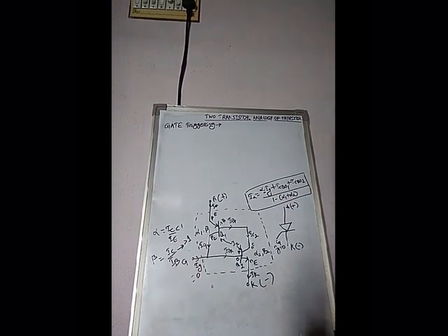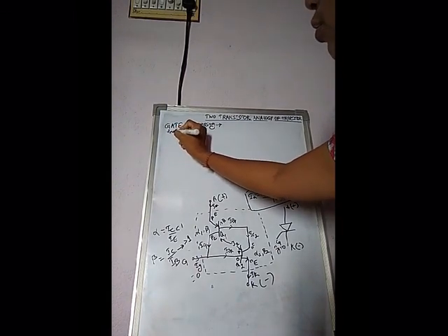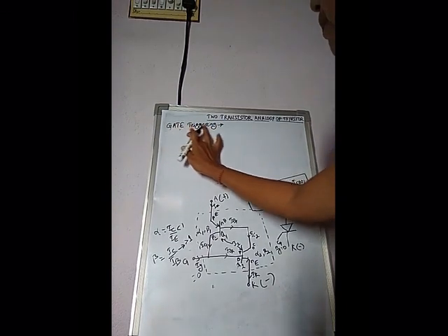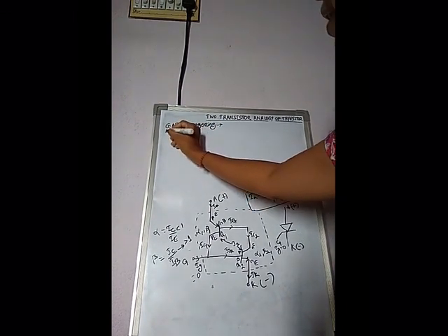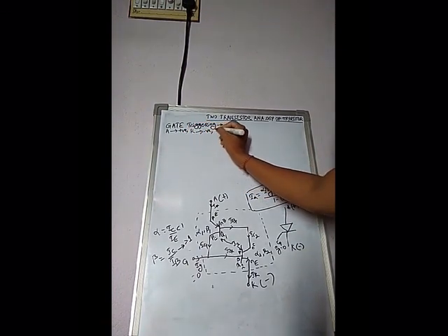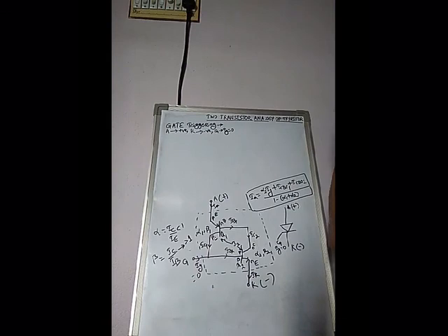Before applying the gate signal, with the anode positive with respect to the cathode and with gate current 0, see what happens in this equation. When the anode is positive, the cathode negative and Ig is equal to 0, the anode current is equal to the forward leakage current.